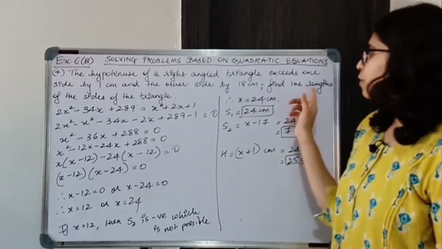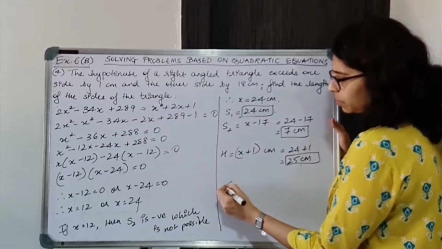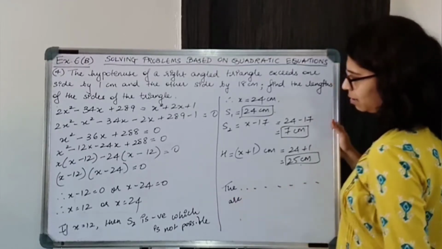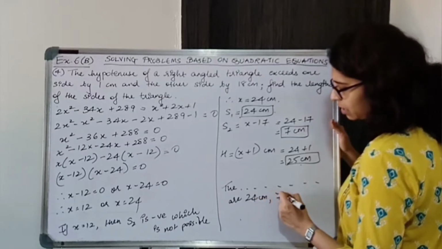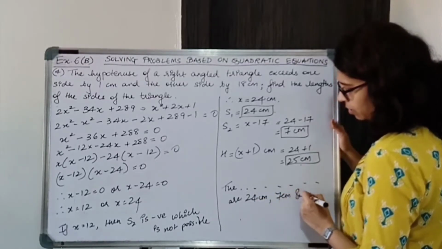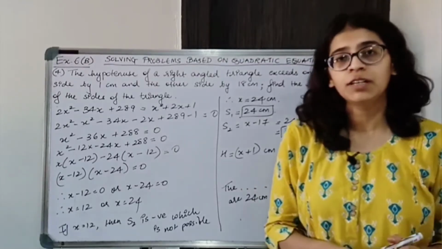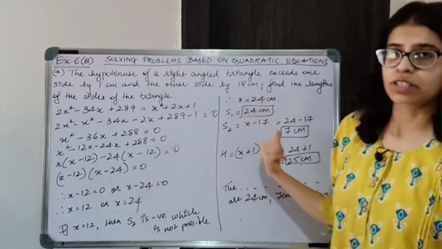Okay, so we found all the sides' lengths. Okay, so you have to write down final statement. The lengths of the sides of the right angle triangle are 24 centimeter, 7 centimeter and 25 centimeter. Don't forget the units, it's very, very important. Okay, so write down the final statement and box the answers.